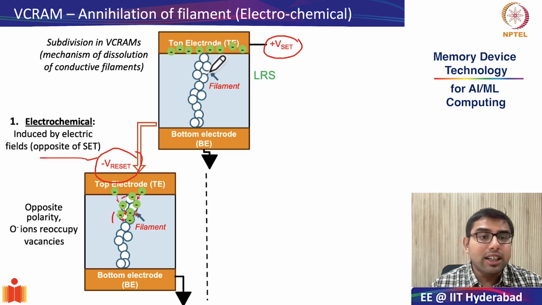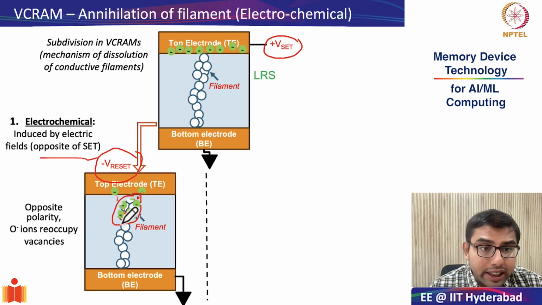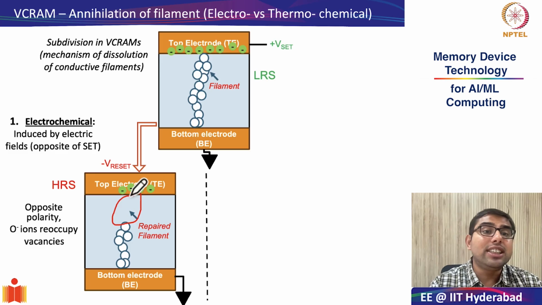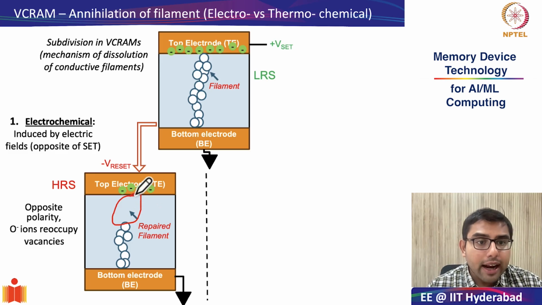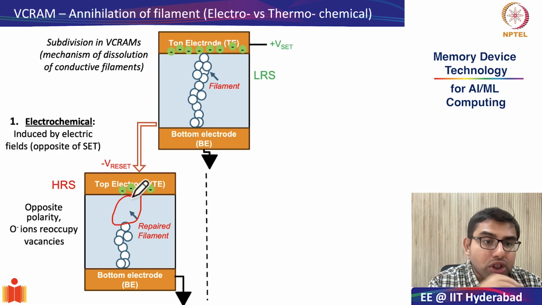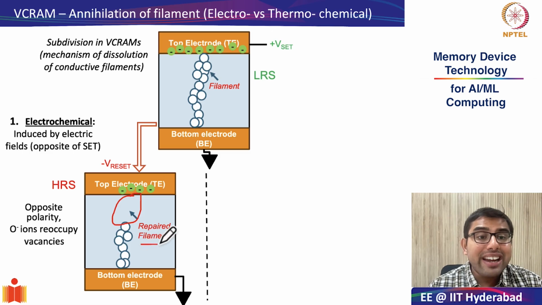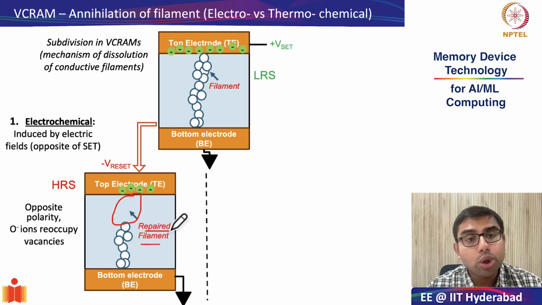And as a result, some part of these oxygen vacancies which were created during forming or set get repaired, and therefore there are no longer any presence of these substoichiometric oxide, and this is termed as the filament getting repaired, or sometimes you also say the filament has got annihilated.